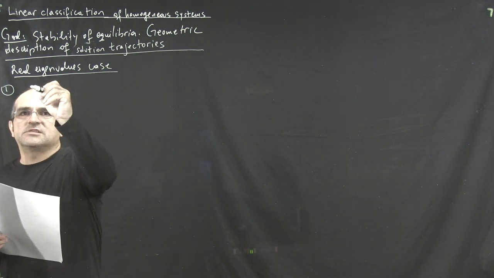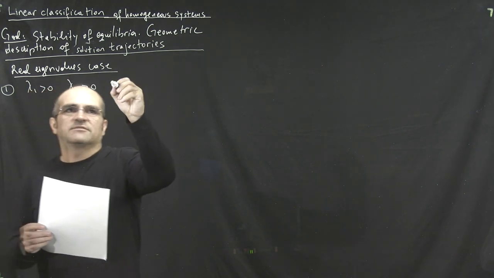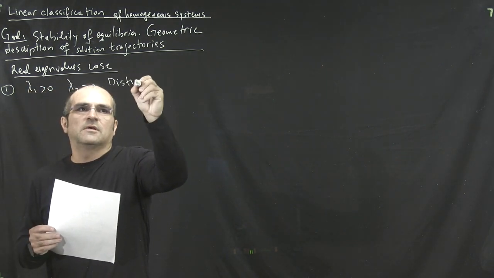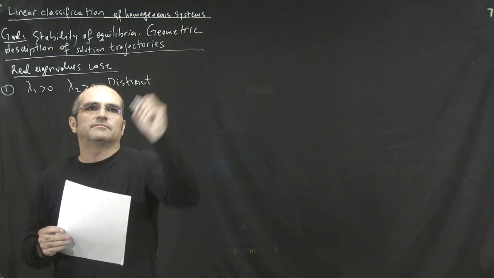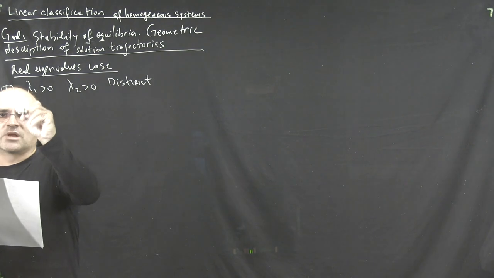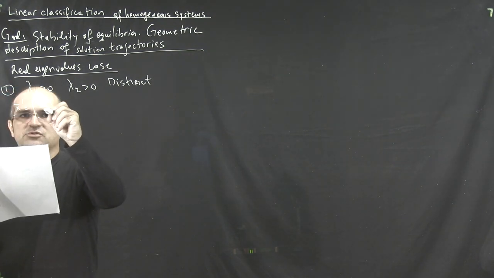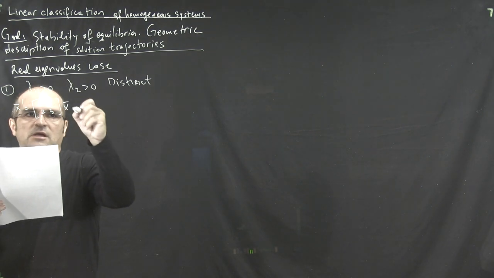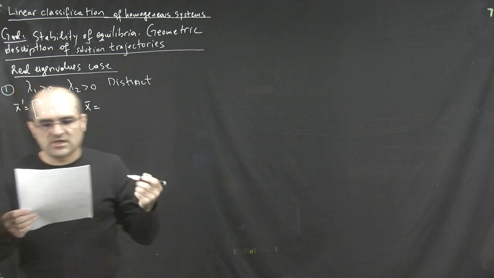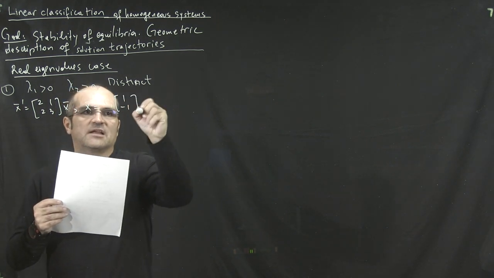So in the first case, let's take one situation when you have distinct eigenvalues, both positive. Distinct. So here's an example. So we're going to provide an example for each. The matrix of this system is 2, 1, 2, 3, and the solution. And again, you can take the time to find it yourself and confirm.